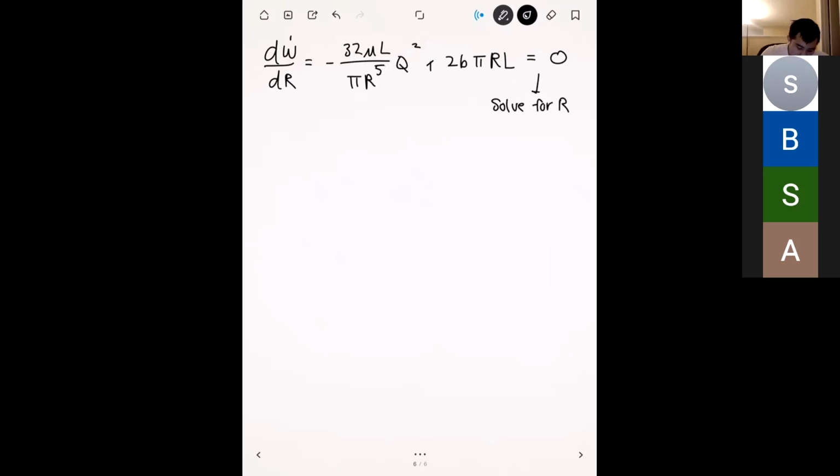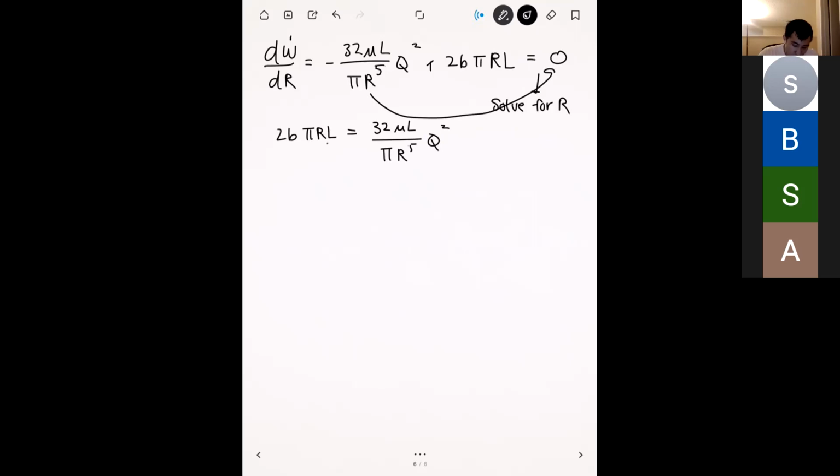If we move this term over to the other side of the equation, then we get 2b pi r L is equal to 32 mu L all over pi r to the 5th times q squared. Now we can start canceling out terms.